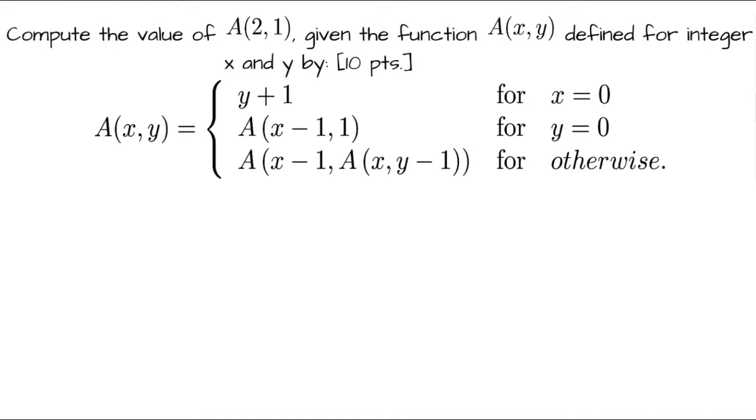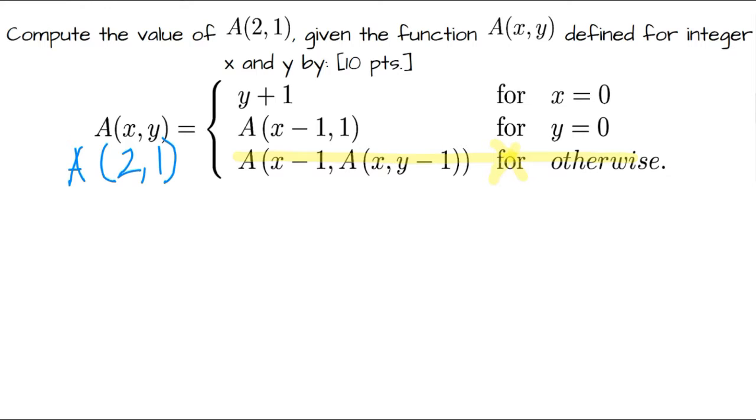Say, compute the value of A(2,1) given the function A(x,y) defined for integers x and y. So same function, only different values for x and y. So the x and y now we have as 2 and 1. So we are computing this function, and first scenario is again the third case.